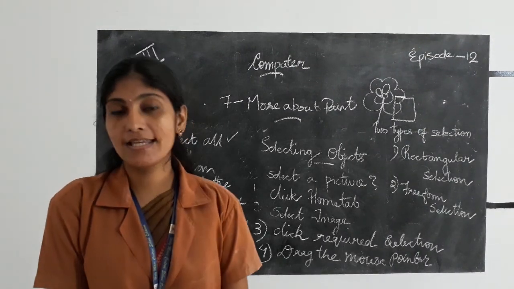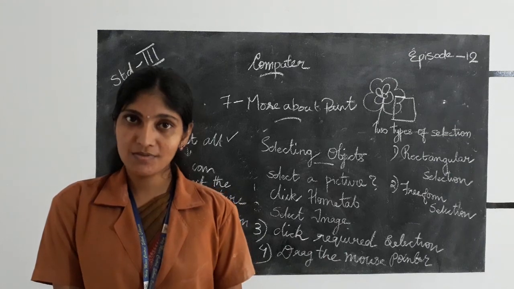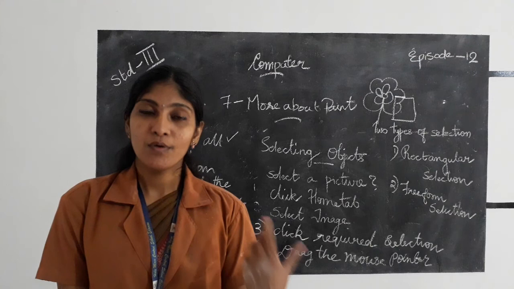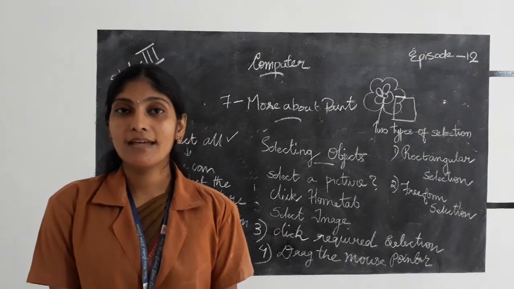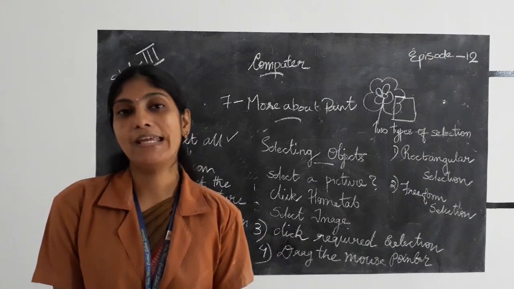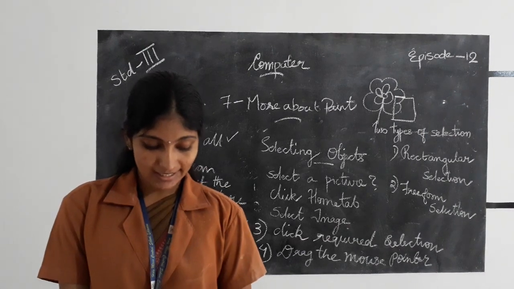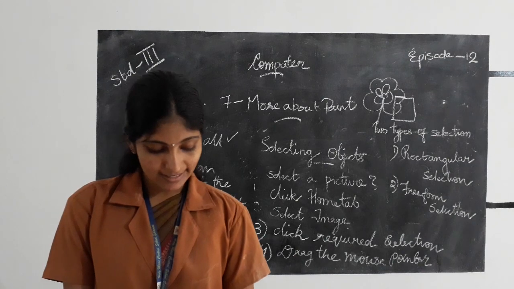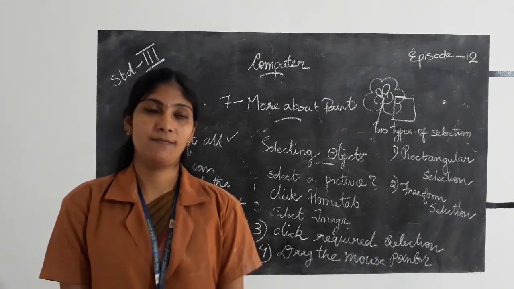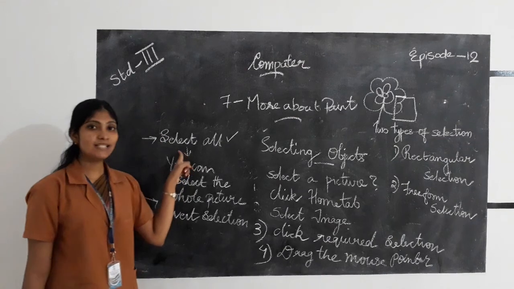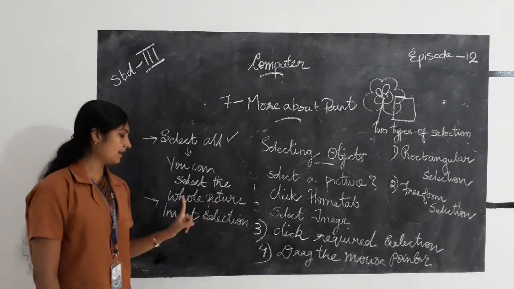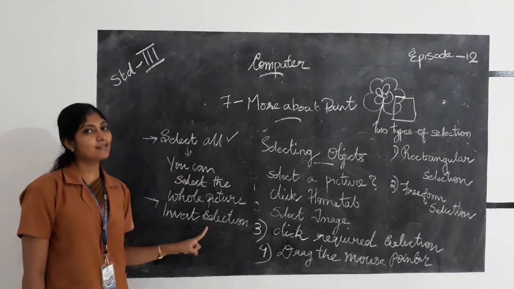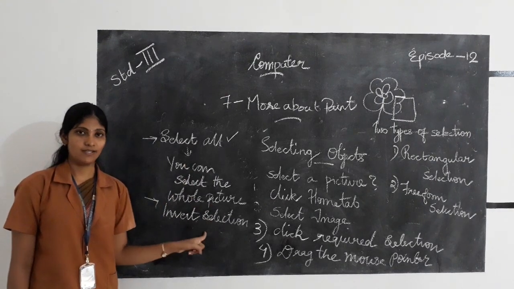You can select the whole area except the currently selected area. For that purpose, you can click invert selection. So to select everything in the picture except for the currently selected area, click invert selection. Select all means we can select the whole picture. Invert means you can select everything except this selected area you are working.